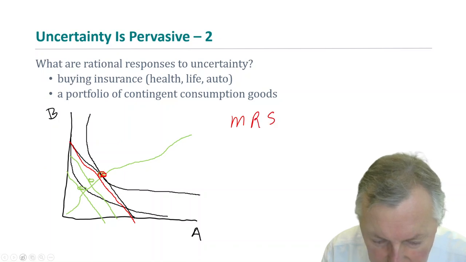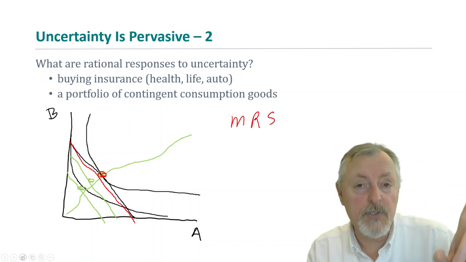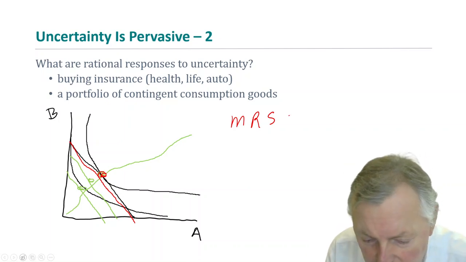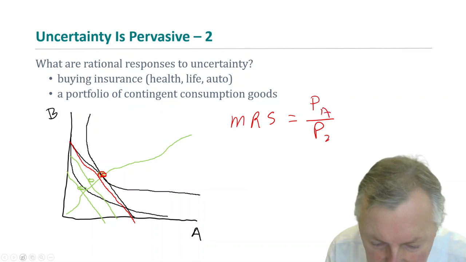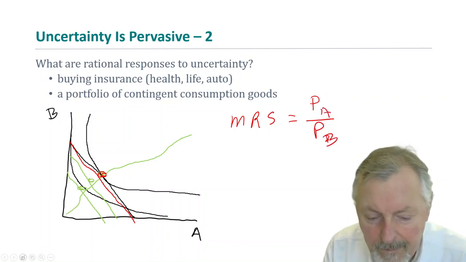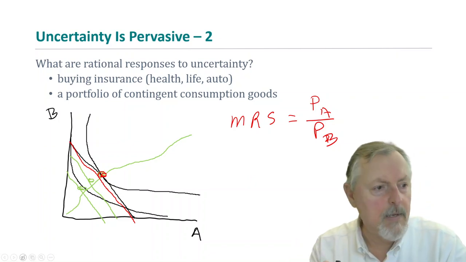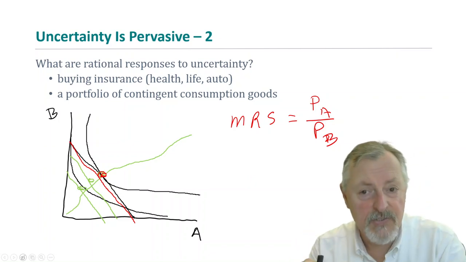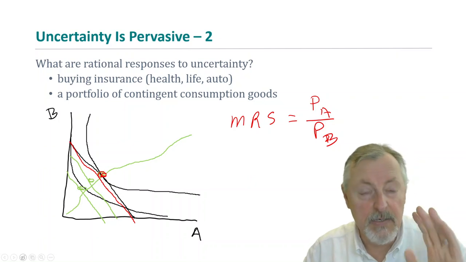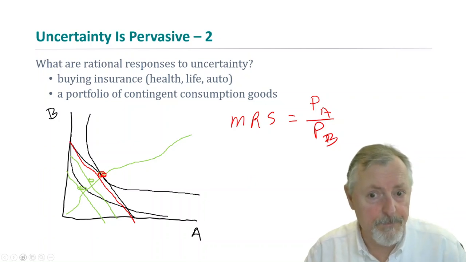The marginal rate of substitution. We want the slope of the indifference curve to be the same as the slope of the budget line. The slope of the budget line is the price ratio. Well, actually, that'd be price of A over price of B. So any combination of A and B that satisfies that will be on the income expansion path.